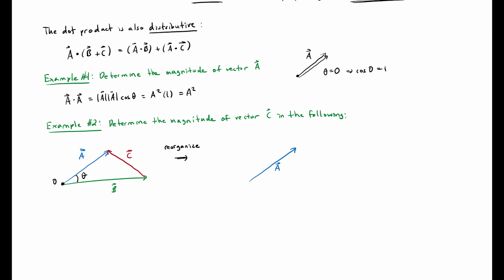Then we have vector B, but we could technically take the negative of vector B. So this is negative B. And that means from tail to tip, we have vector C. So technically we have A plus negative B being equal to C. So C is equal to A minus B.